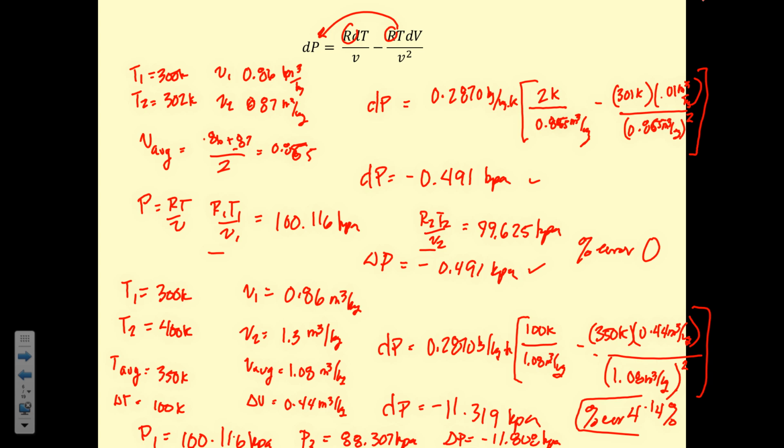So ideal gas is easy because we have a known equation that works very well for ideal gases. When we start dealing with real gases, where the equation breaks down a little bit, then using these property relations actually helps us to find a better fit than if we were to just assume it was an ideal gas and calculate it that way. Does that make sense? Do you have a question?